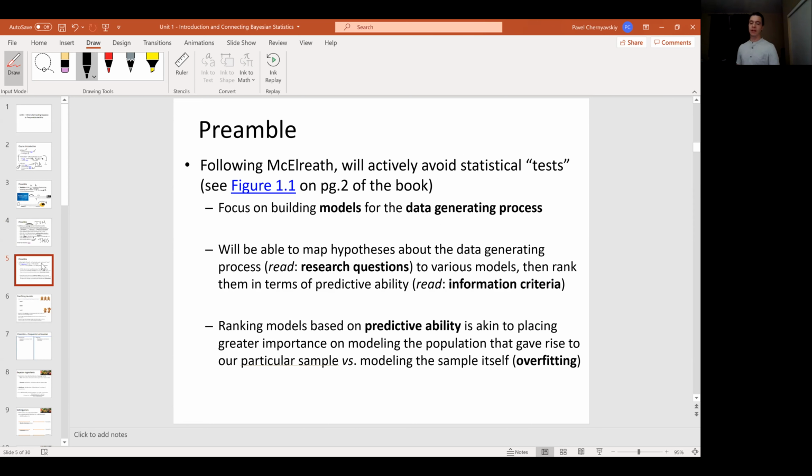So our author has a fascinating figure on page 2 of the book that I didn't bother reproducing because it is meant to be confusing. I didn't want to have a deliberately confusing figure in my slides. But the idea is the figure would be like a flow diagram, a decision diagram for which statistical tests to use in what situation.